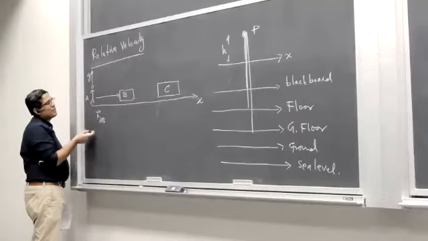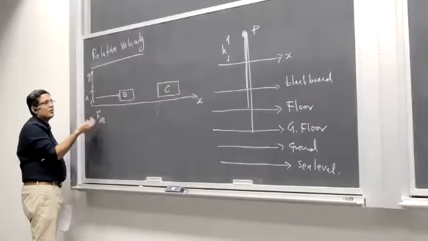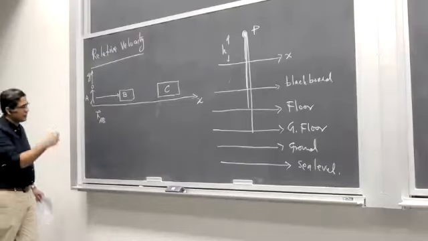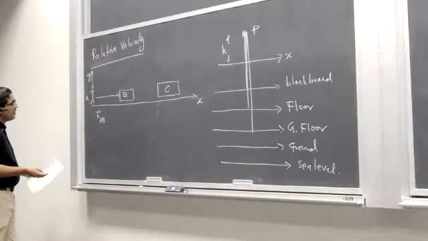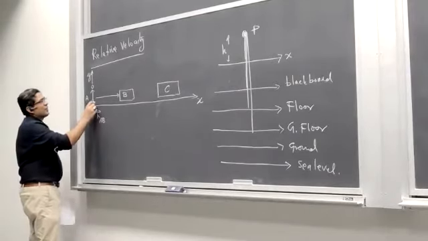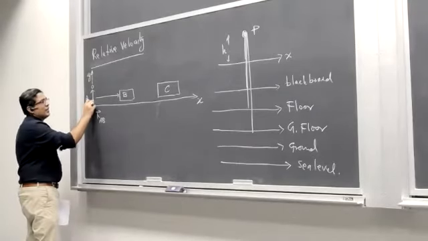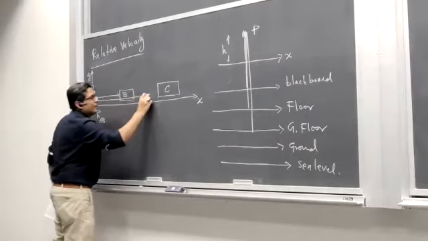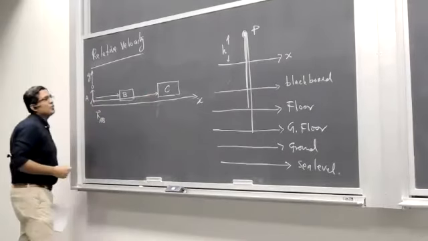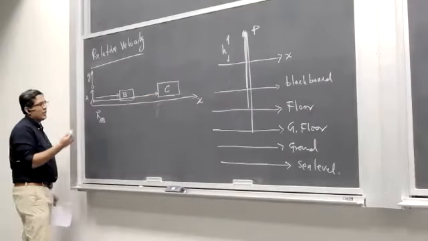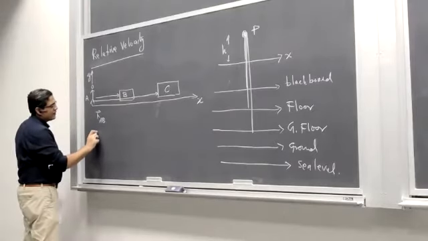So RAB means the position of car B with respect to the observer A. That's the notation that I'm going to use in this lesson. So then there is a position vector from observer A to car C. The position of car C with respect to observer A, and you can write this as RAC.